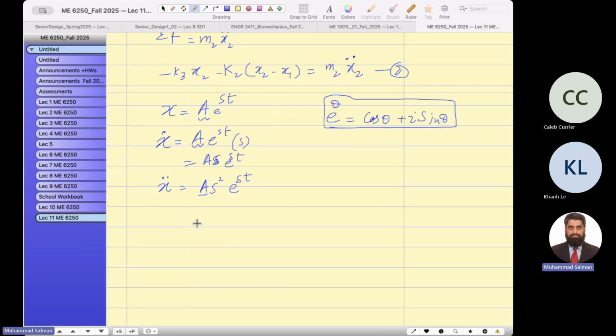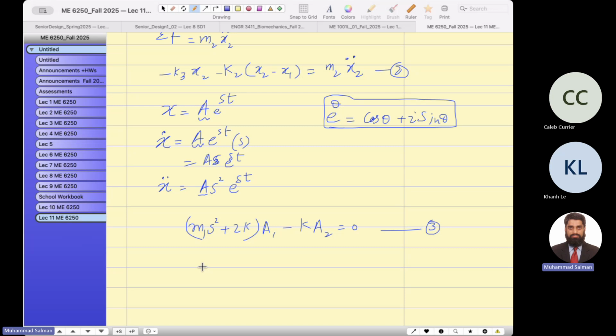Equation number one, you can write like this: (m1 s squared plus 2k) a1 minus k a2 equals 0. This is equation number one, after you plug in x, x dot and x double dot.